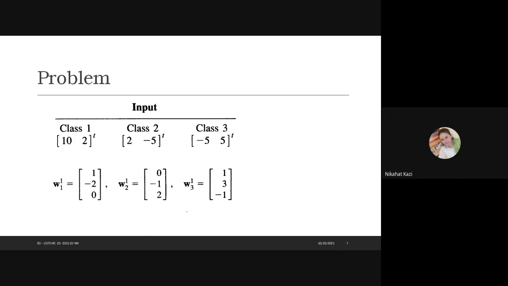Since we are having three classes, let us first visualize the network that we have. There are three classes, which means you will have three neurons: class 1, class 2, class 3. And you look at each of the patterns. Each pattern has two features. These are the patterns x1, x2, x3.